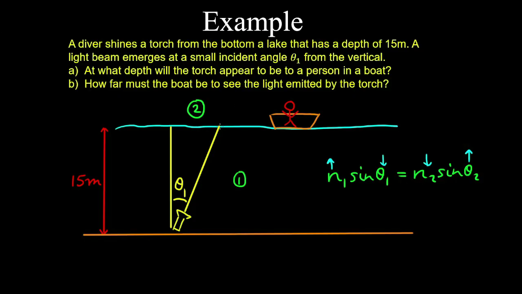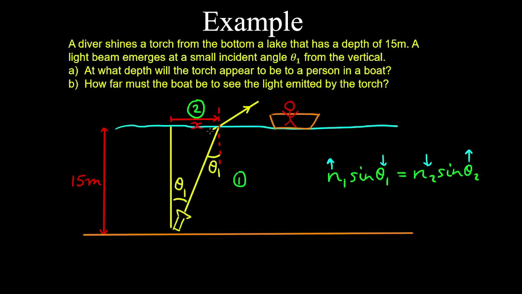So the light ray will refract away from the normal to the surface. So we'll denote the normal by this dashed line. So by geometry, these two angles are equal. And let's denote this distance here as x.